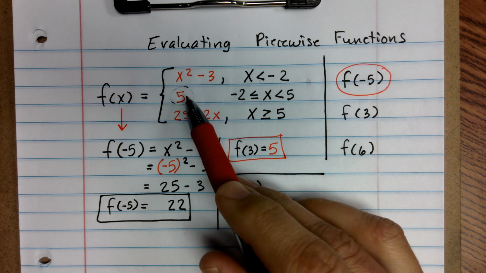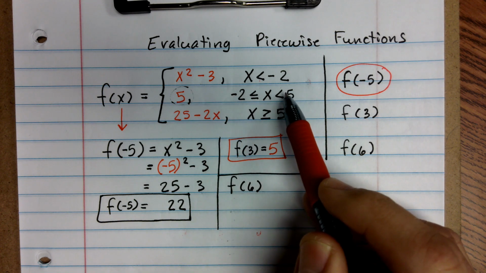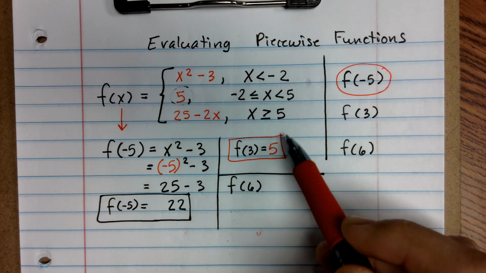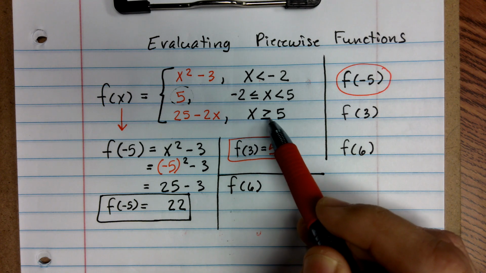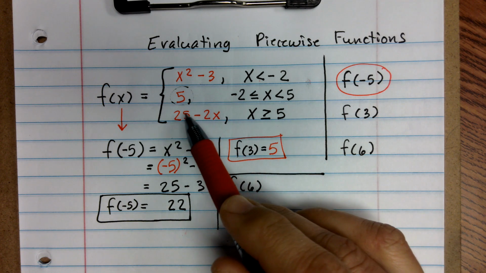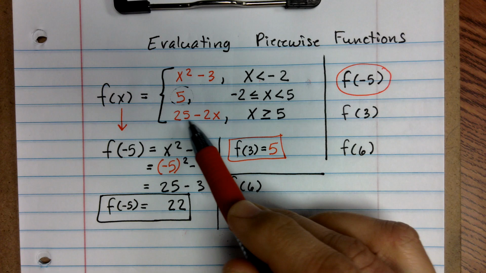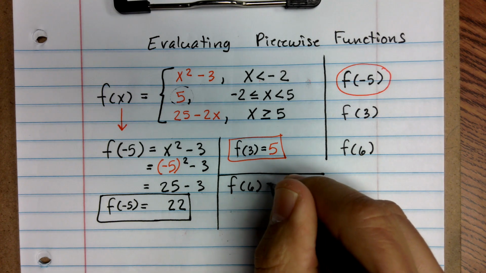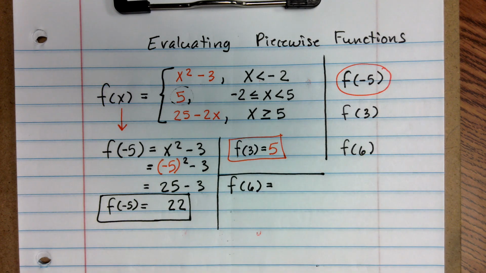And it says you only use 5 when x is less than 5 or greater than or equal to -2. So the third condition works. Notice it says anytime x is greater than or equal to 5, we're going to use this function right here. So I'm going to use that, and this is going to be equal to 25 minus 2x.